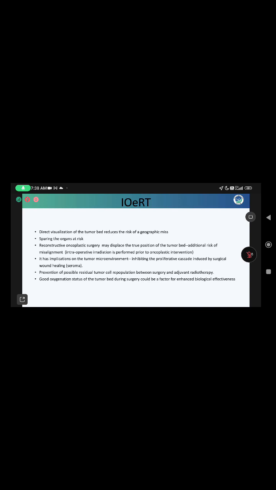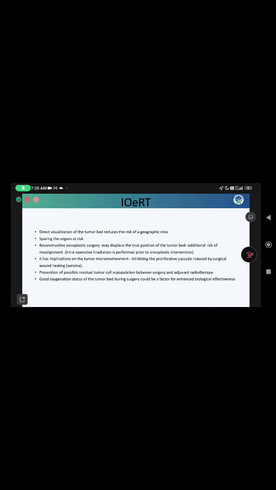Another hypothesis which they have put forward is that during the surgery a lot of seroma and plasma is secreted into the tumor cavity, which has a lot of cytokines which induce this proliferative cascade, which promotes the proliferation of the microscopic cells present in this tumor microenvironment. Surgery and then the adjuvant radiation. Usually adjuvant radiation we give after 4 to 6 weeks of surgery.